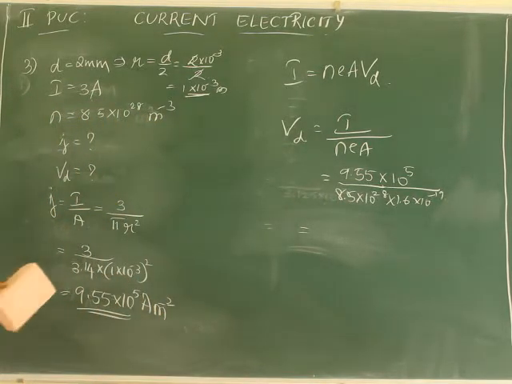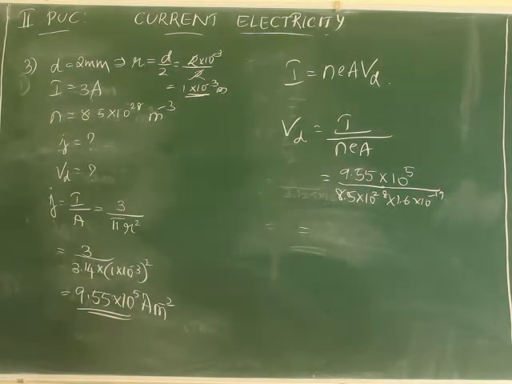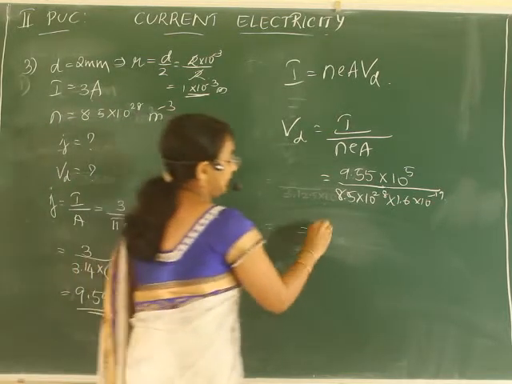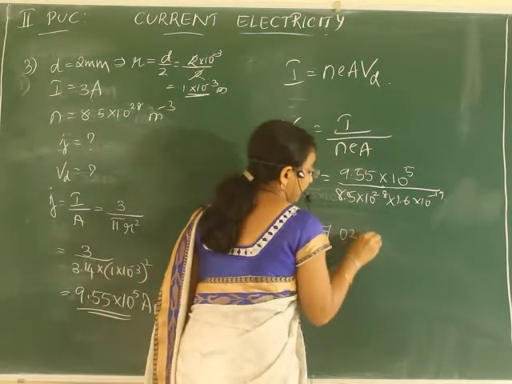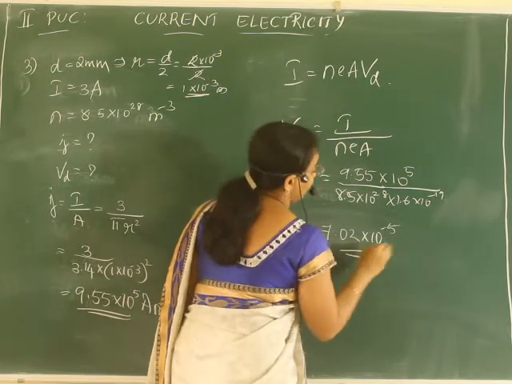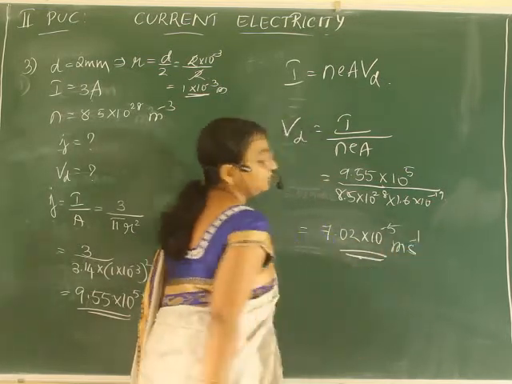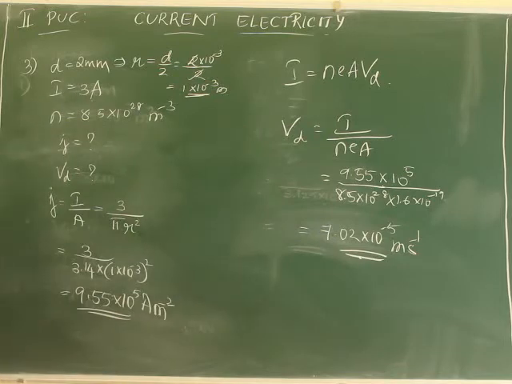Yes, because I by A is nothing but this one, correct? What is the answer you're getting? Is it 7.02 into 10 to the power minus 5 meter per second? Are you getting the same? Yes. We'll go for the next question.